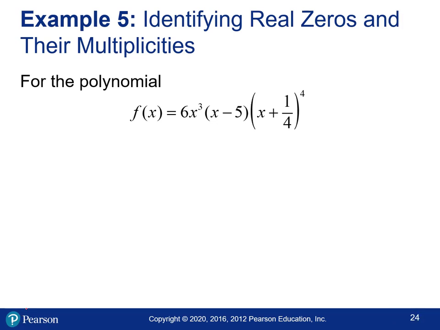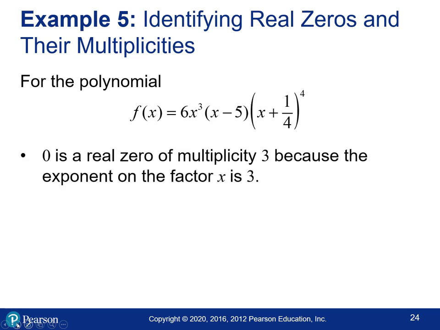Okay, so let's do this example. For the polynomial here, 6x cubed times (x minus 5) times (x plus 1/4) to the 4th power, let's look at the real zeros and their multiplicity. So this one has the number 0 as a real 0 from this factor right here. If you plug in 0, this whole factor would be 0, right?